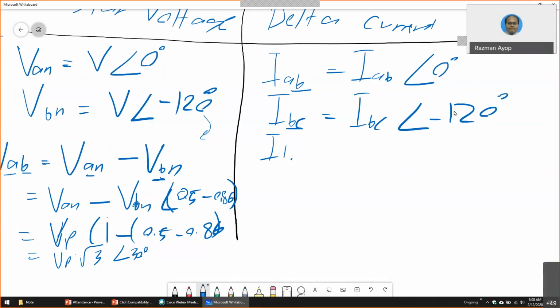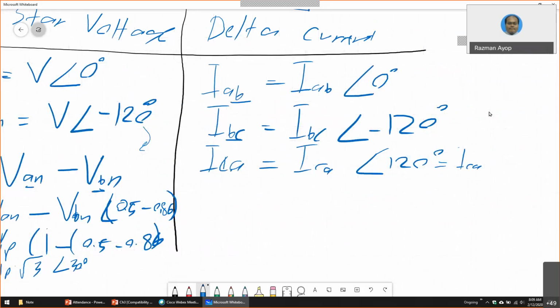For delta current, you have to write ICA also. ICA angle 120 degree, or you can use ICA angle negative 240 degree. Basically this one is the same.